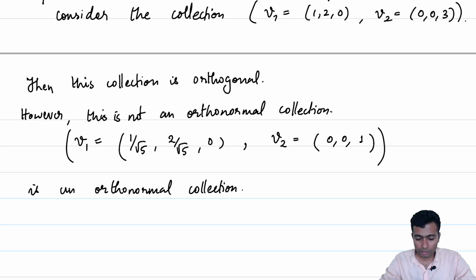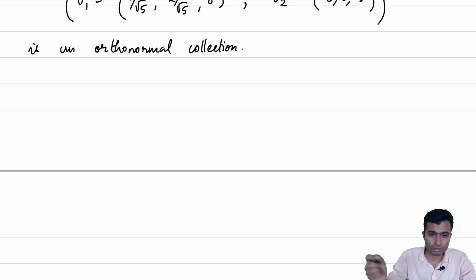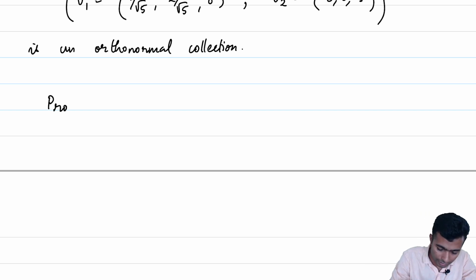So why are we considering such collections? Of course, there are many good properties which come out, but let's see. A collection of orthonormal vectors has some really nice properties, one of which is that it is linearly independent. So let's prove it. Let's state the proposition.